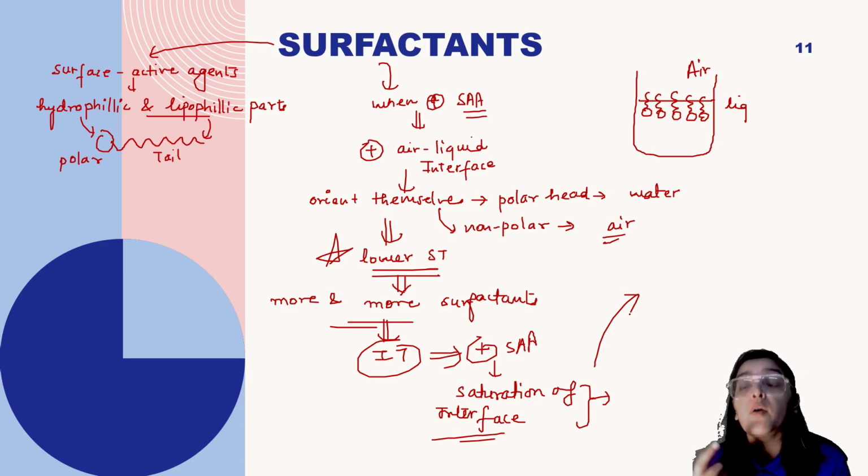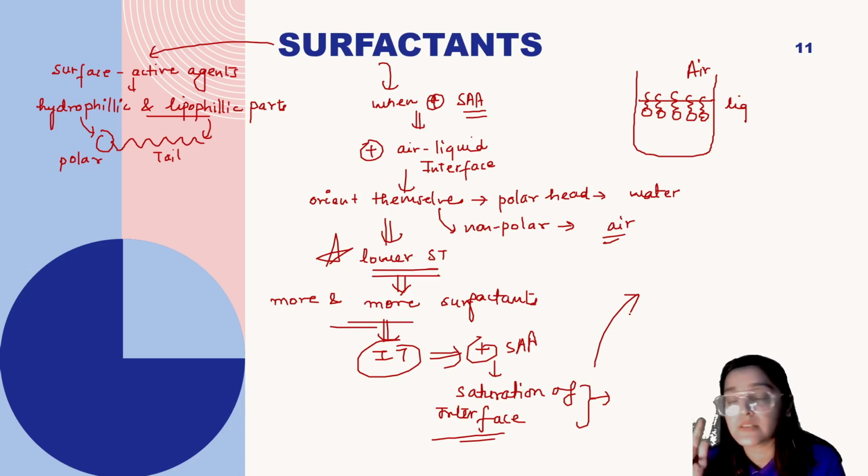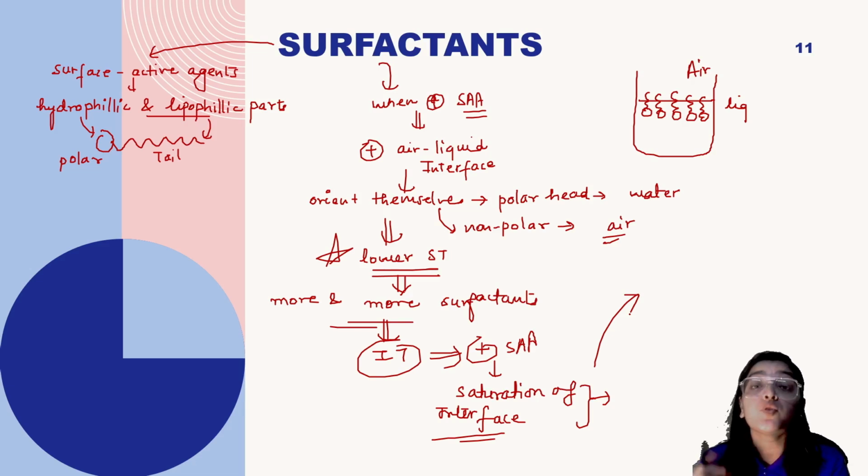Okay students, now this orientation will tend to reduce the surface tension, and if you add more and more surfactants, it is going to saturate this air liquid interface, and then the addition of more surfactant will make them move into the bulk of the solution, which will cause micelles to form, and the concentration at which these micelles form is known as critical micelle concentration.